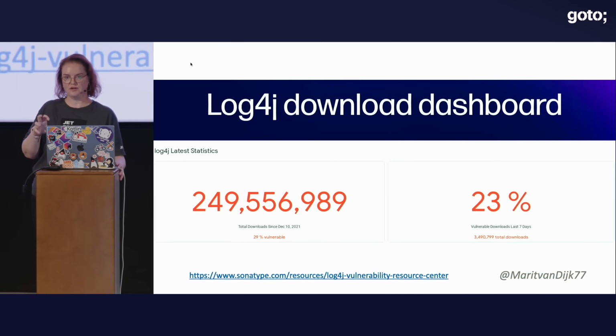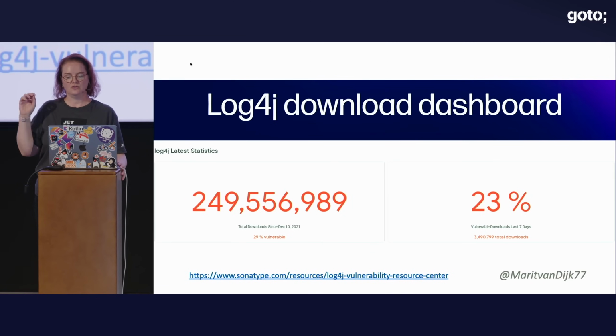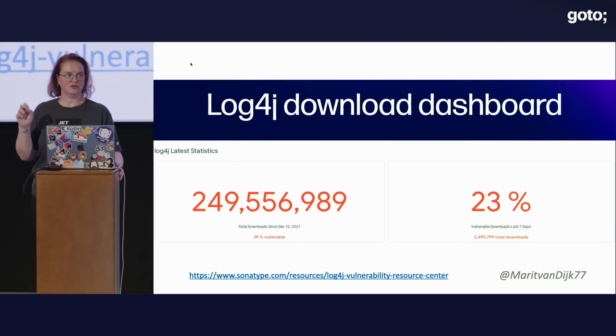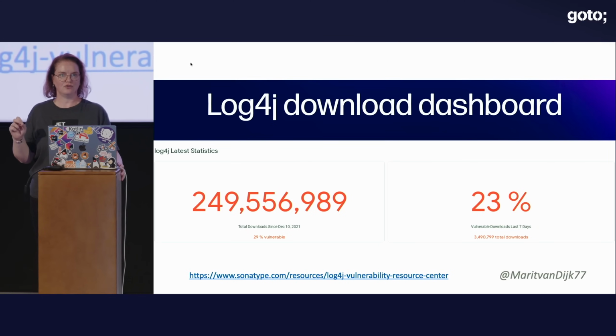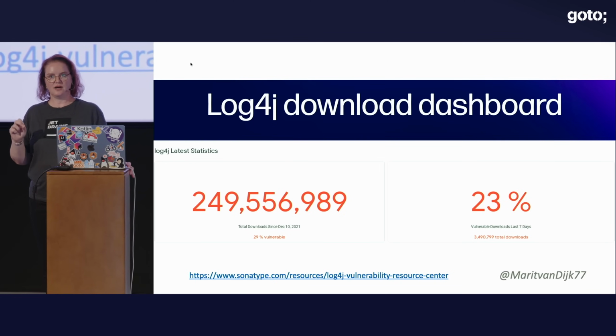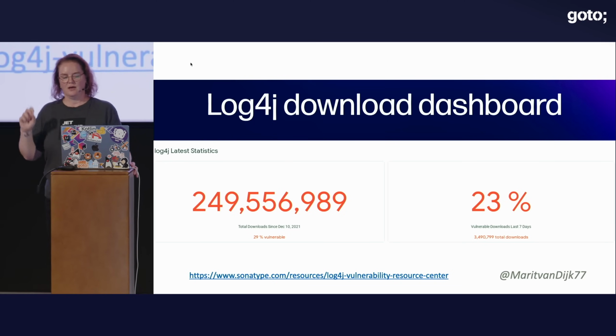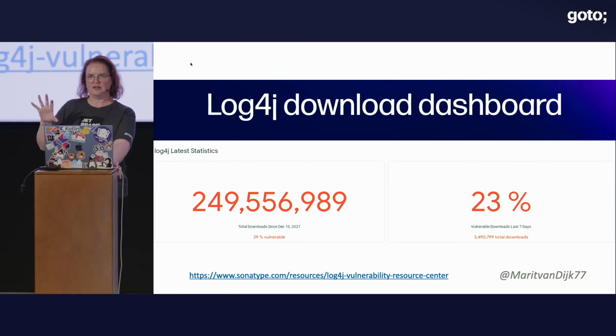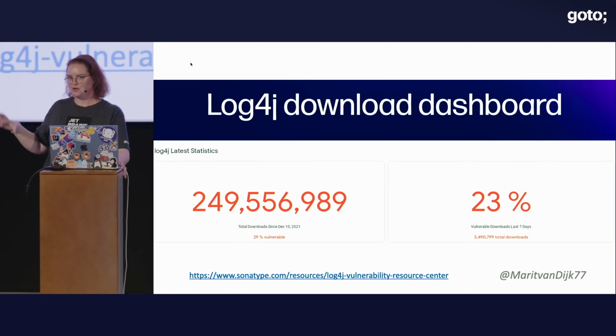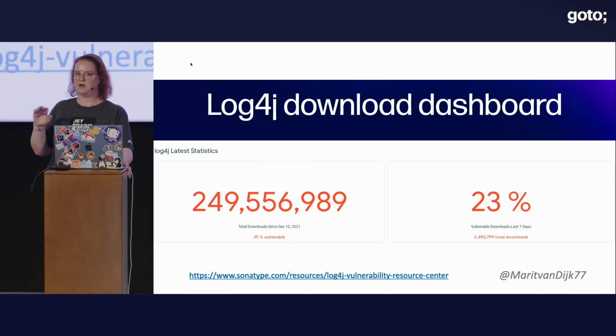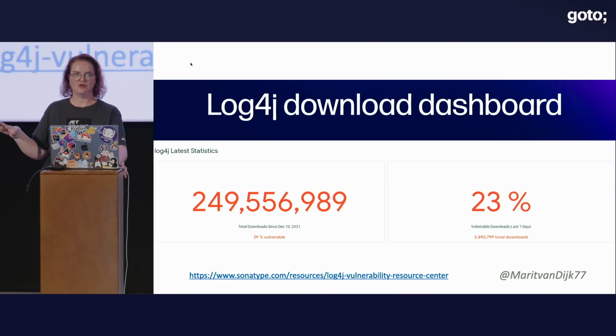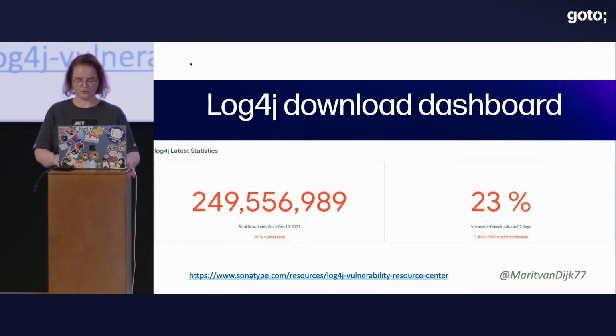And this is a screenshot from a few weeks ago. 23% of people are still downloading that version. I looked to update the slide today, and the numbers are still the exact same. So either they're no longer updating this website or nothing has changed and people are not replacing this with a newer version.